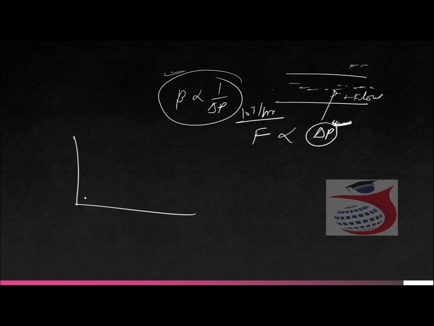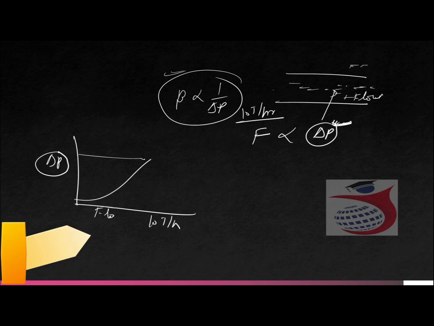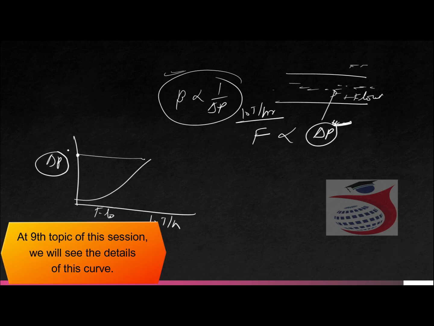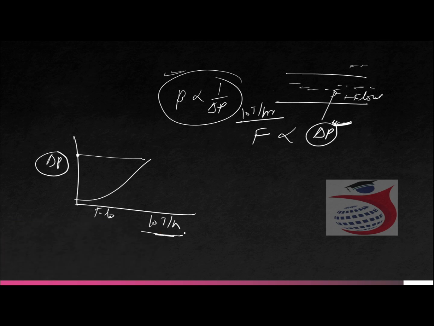In future you will learn the curve. So a flow versus delta P curve will be there. If you want to measure 10 ton per hour, then there will be a strict, fixed amount of delta P to generate the 10 ton per hour flow in the transmitter. So here delta P is fixed. Then beta is also fixed.